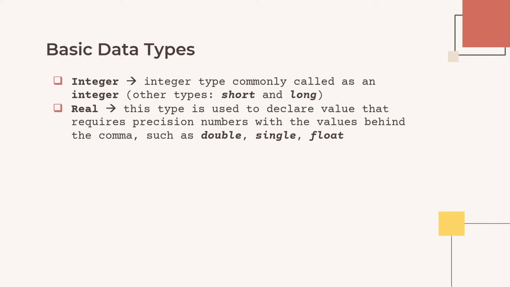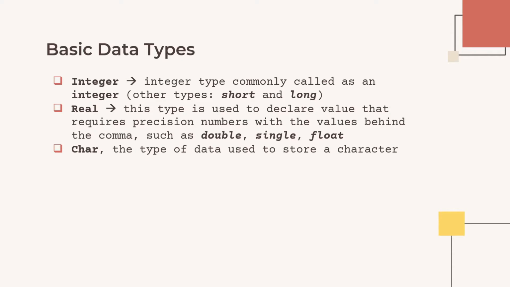And the second is real. This type is used to declare values that require precision, with a value behind the comma or fraction behind the decimal point, such as double, single, and float. We can use double, single, and float to declare the real value. And the next is char.